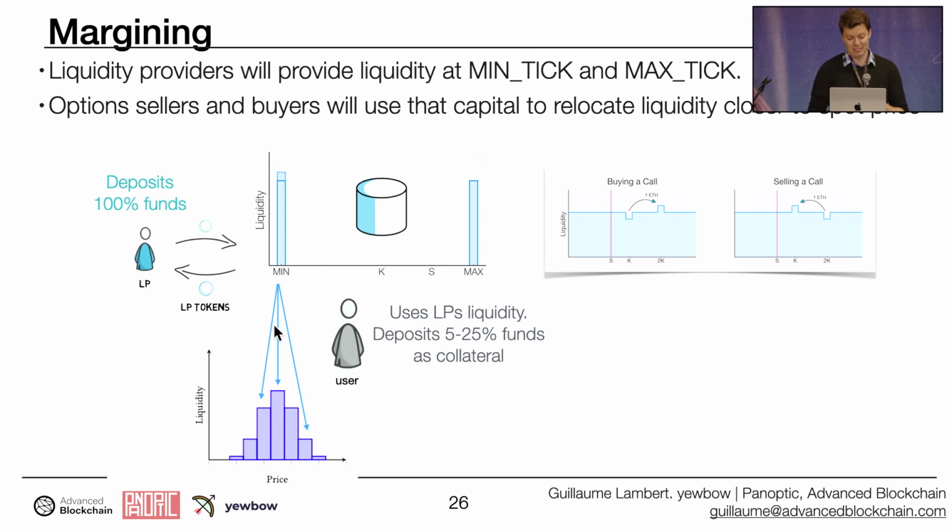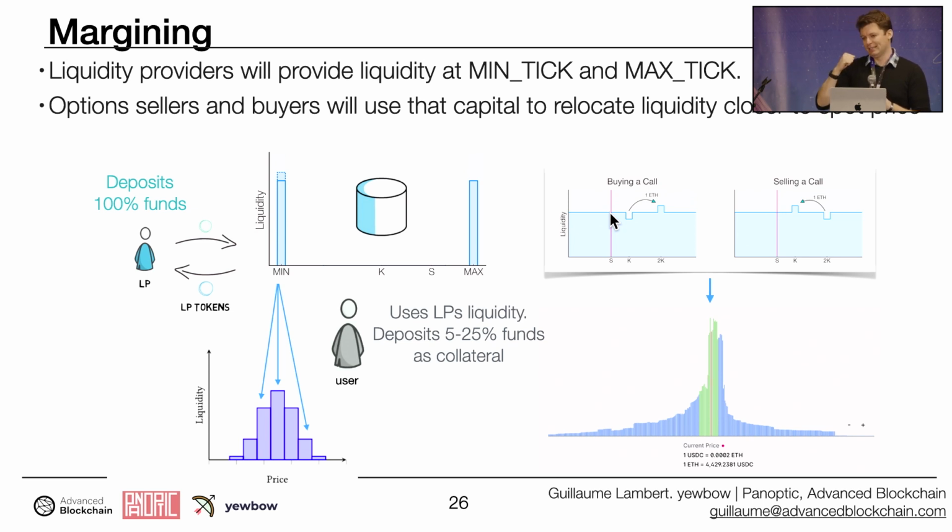So by the end of the day, even though you start with liquidity all at a min and max, the act of buying and selling options will shape the liquidity profile from something that's now dictated by the market of selling and buying options, as opposed to the LP liquidity providers kind of prediction of where the price is going to be. So that's a different role. The option buyers will be the ones shaping the liquidity and not the LPs.